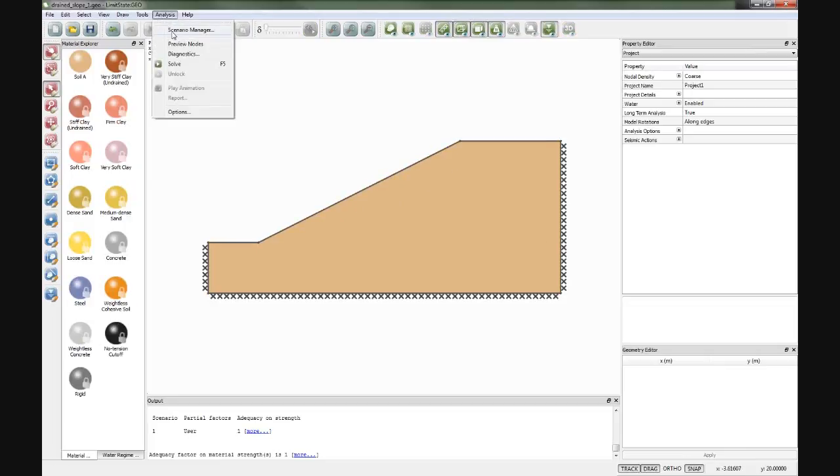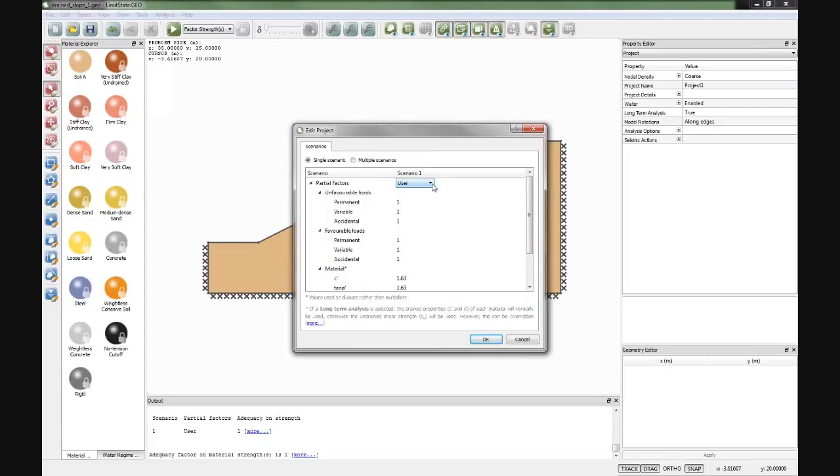Now, of course, we're more likely to want to do this for Eurocode. You can type in the Eurocode values, but they are actually built in. So if I click on there, you'll see, if you're familiar with the Eurocode values, we'll pick DA1/2, which is the one that's most appropriate for slope stability. And we see the various factors there. In particular, we're factoring c' and tan phi' by 1.25.